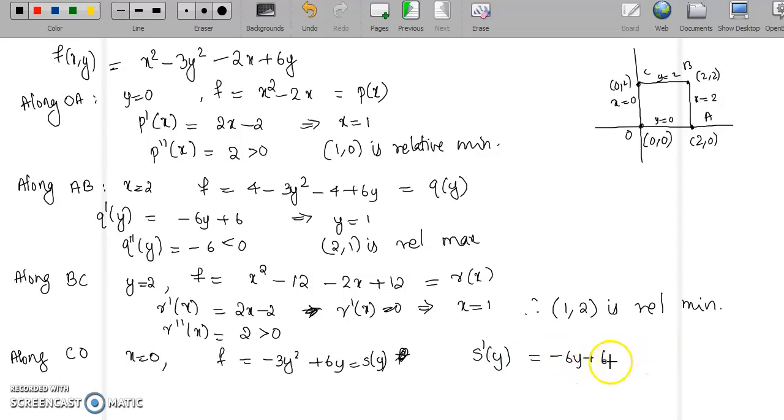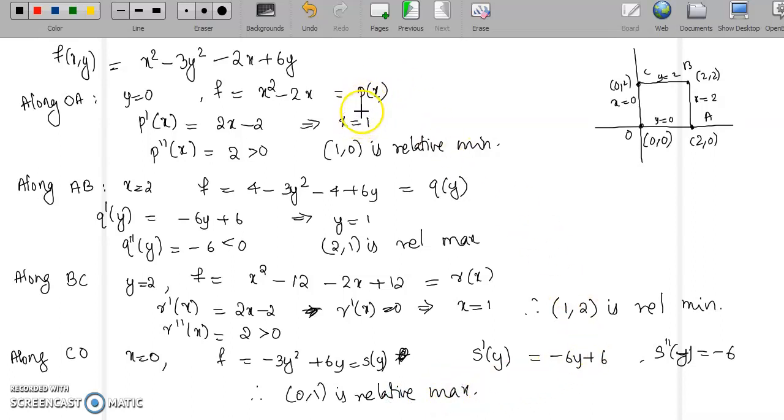So s dash of y equal to 0, and s double dash of y will be minus 6. Okay, so our critical point is y equal to 1. So therefore (0, 1) is a relative maximum. So these are the critical points you get.